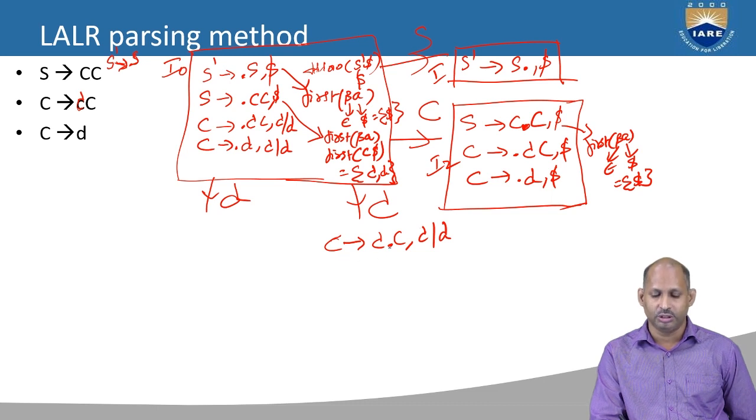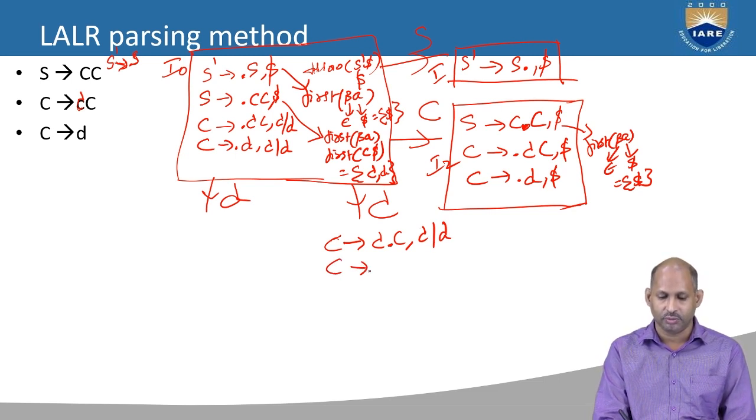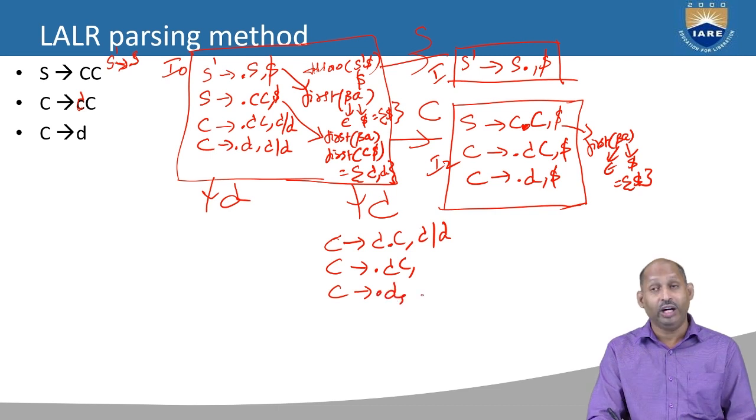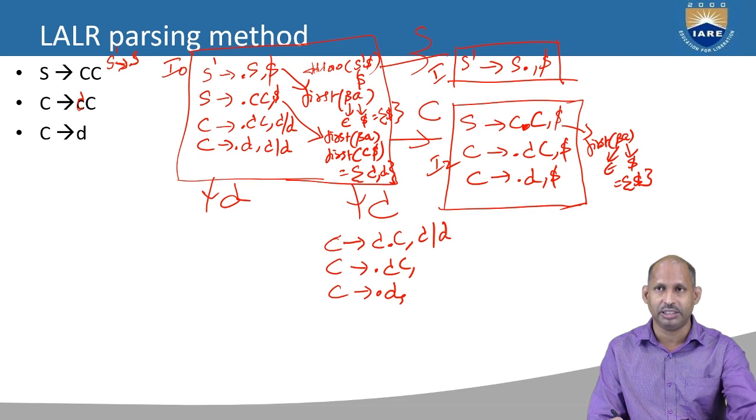Variable C gives terminal C dot, followed by capital C and D, right? Is it clear? Now dot followed by C, so add C productions. Now, what are the terminal symbols here?